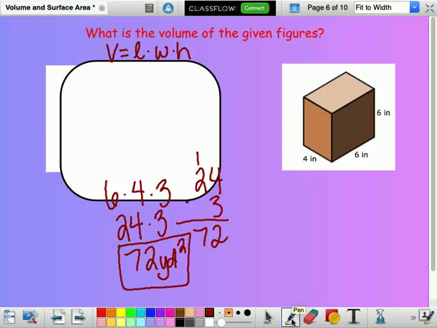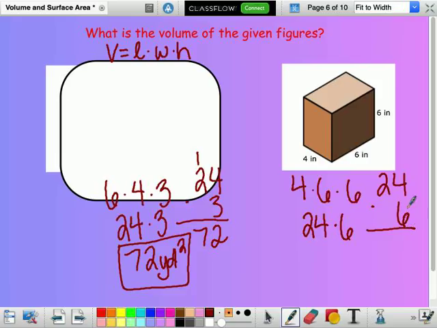All right, so again, I'm multiplying these 3 together. 4 times 6 is 24, times 6. 6 times 4 is 24. 6 times 2 is 12.